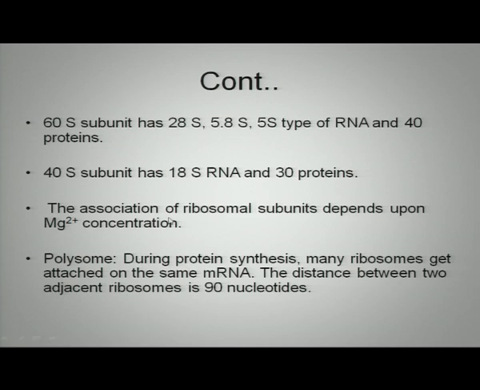Normally, in a cell, these subunits are seen separated, and at the time of protein synthesis, these two subunits associate together to form a single ribosome, and the association of these ribosomal subunits depends upon the magnesium ion concentration.